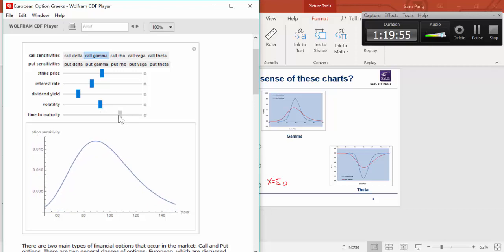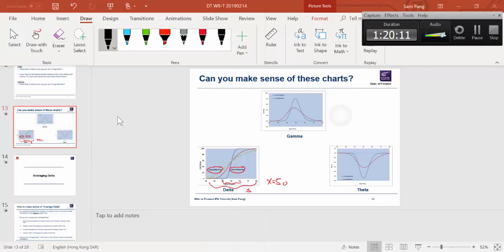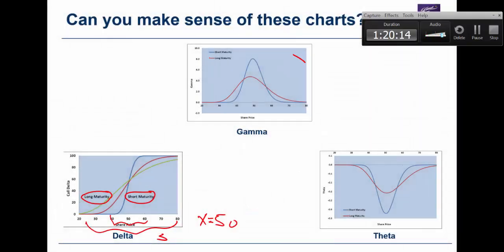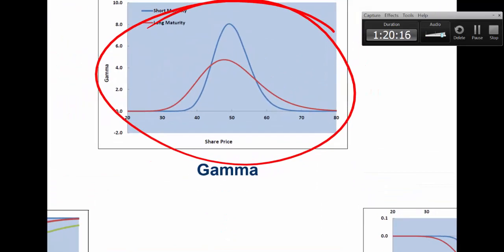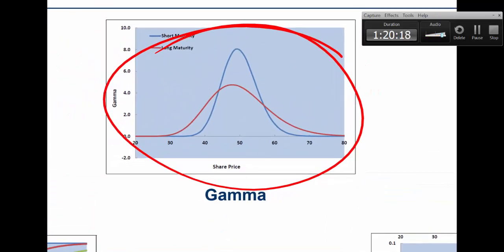This is another way of saying that gamma is decreasing for longer maturities, even for options that are near the money, which is exactly what this is saying over here. The red one is for longer maturity, and the blue one is for shorter maturity. If you go even shorter, it would kind of look like this.